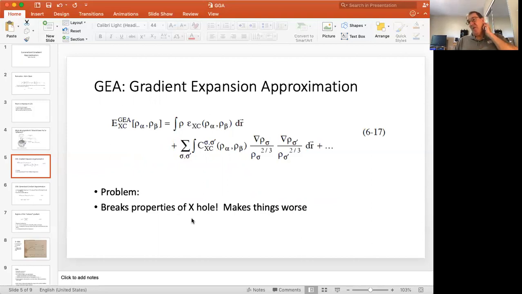So the exchange hole now can be positive, needn't integrate to 1. The things that LDA got right, you think you fixed part of it, but then you broke part of it. Now, it might have been that that's not a big deal, but it turns out it is a big deal. The gradient expansion turns out to be totally useless and a disaster. So if that's all we had, we'd be sticking with LDA.